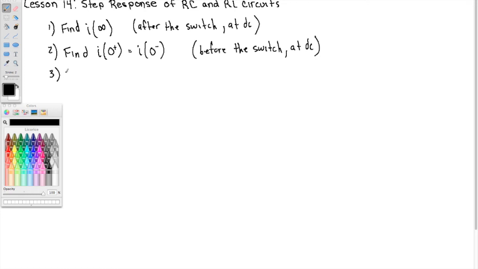Then, of course, find tau. And just to refresh your memory, that is L over R for an RL circuit.